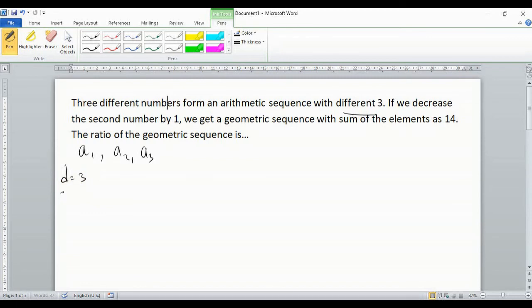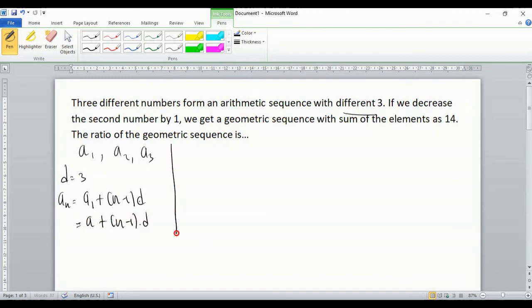We should remember the general term of the arithmetic sequence: the first term plus n minus 1 times d. So A1 you can write as A plus (n minus 1) times d.